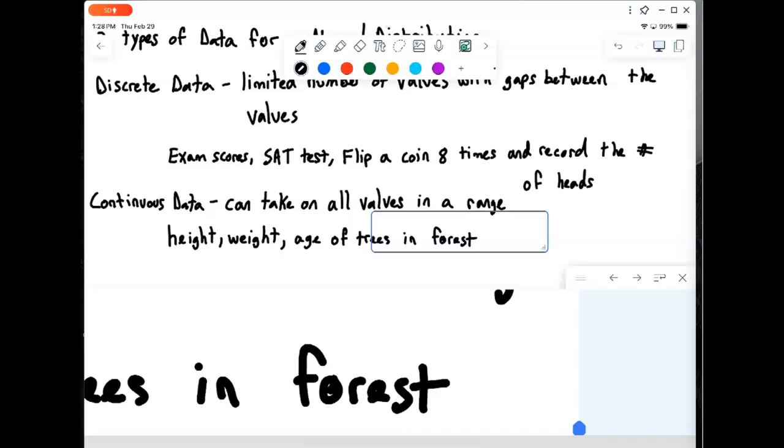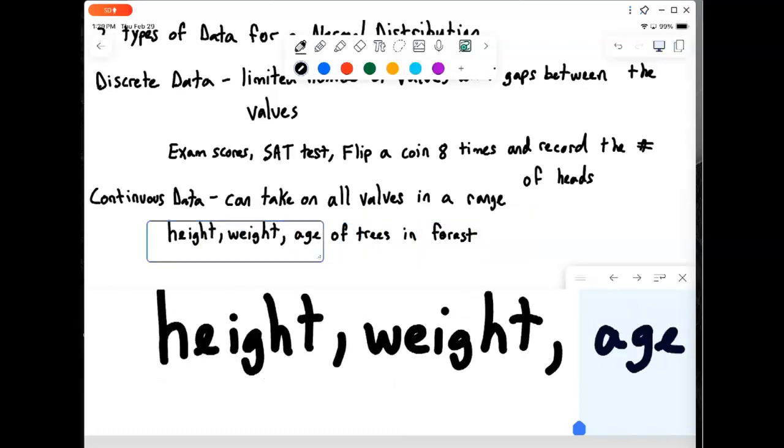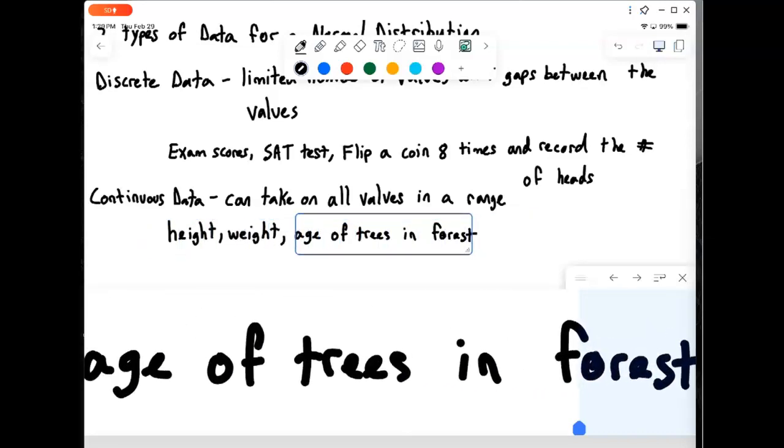Now, this would be more of a natural forest here, not a forest that's been clear cut or cut down and then replanted, managed. That's a different situation. But if you were to look at a natural forest, then the age of the trees in that forest would actually also fit across a normal distribution.